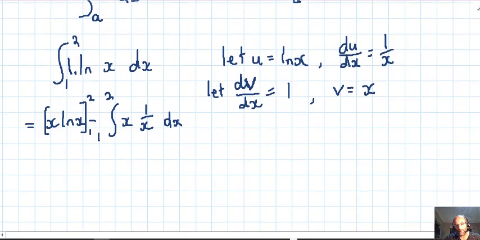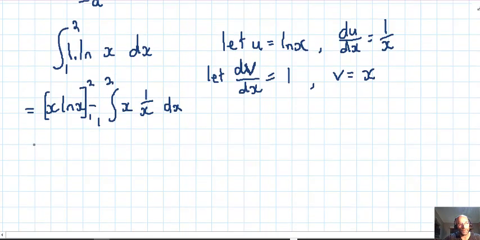And scroll down. We've got easy to evaluate here. We have 2 log 2 minus 1 log 1, and log of 1 is 0. I'll put braces around that so we don't worry about subtracting negatives. Now x times 1 on x is just 1.